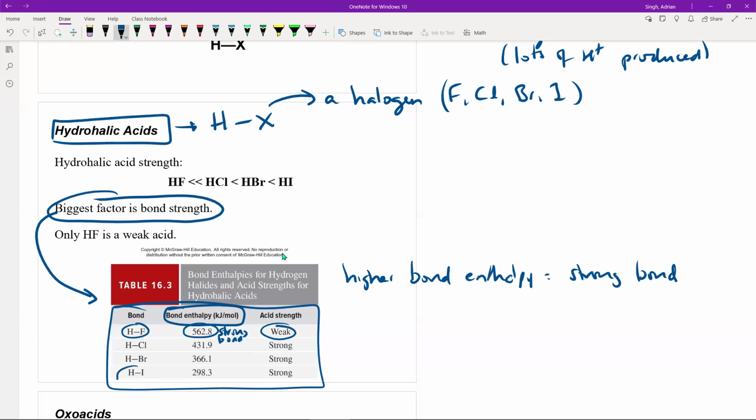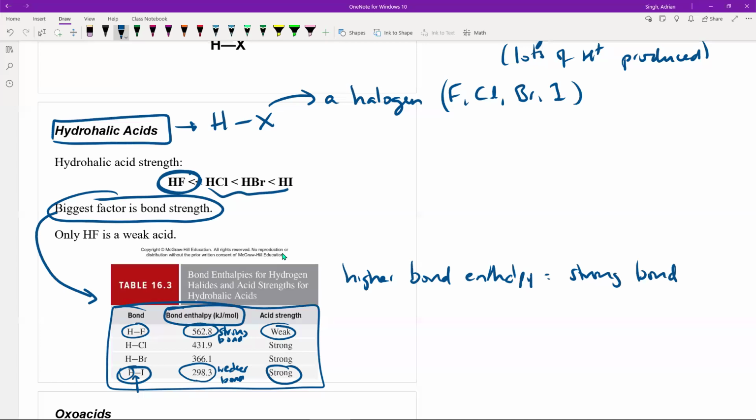If you compare that to HI, hydroiodic acid, the bond enthalpy there is almost half. So it's a weaker bond, much weaker than an HF bond, which means it's easier to break. And if it's easier to break, we're going to produce a lot of H plus, which would make it a strong acid. So out of all the hydrohalic acids, only HF is considered weak.